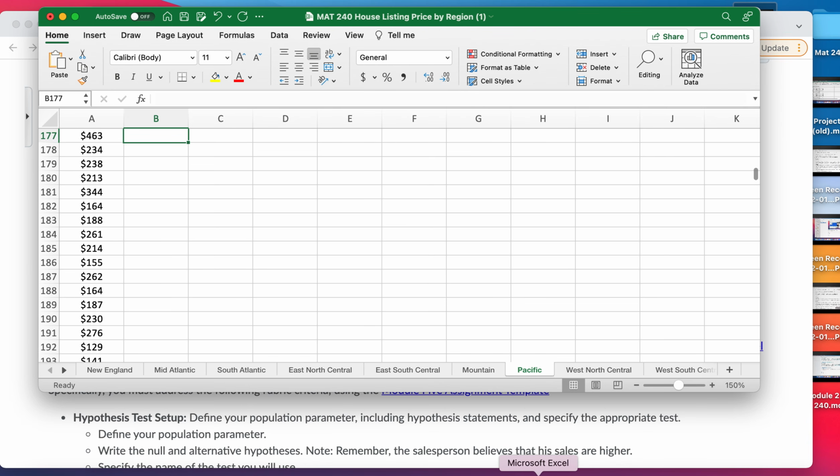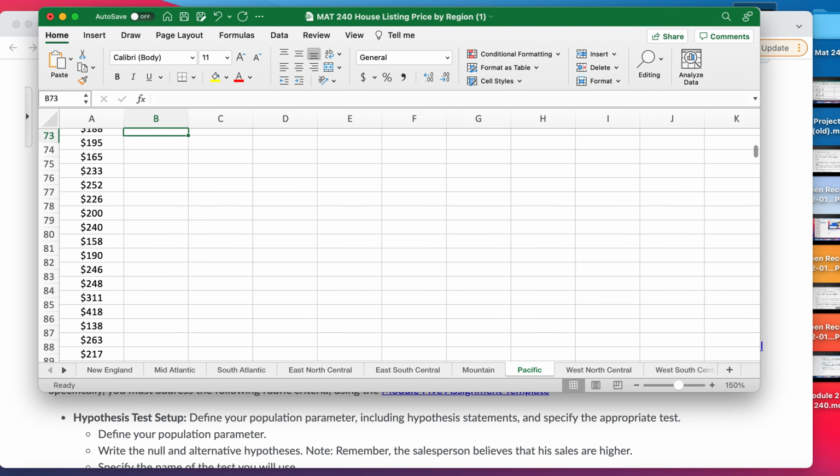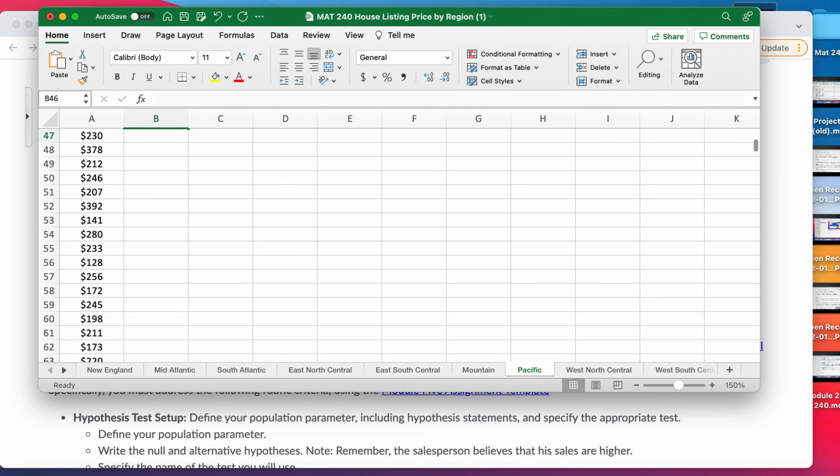The H0 always has equals. Okay, so let's look at our instructions. It says define your population parameter. A population parameter means the variable you're studying.